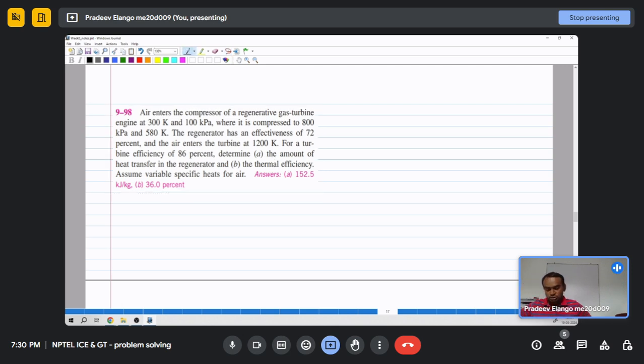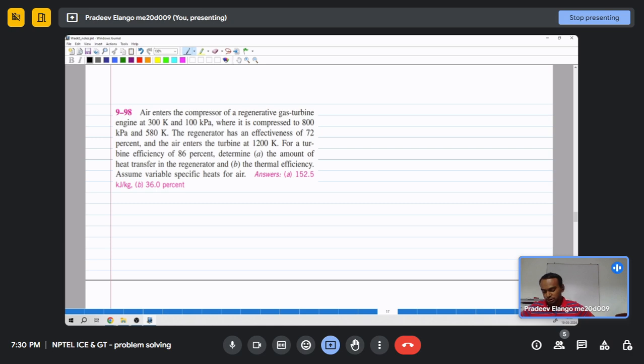Air enters the compressor of a regenerative gas turbine engine at 300 Kelvin and 100 kilopascal, where it is compressed to 800 kilopascal and 580 Kelvin. The regenerator has an effectiveness of 72%, and the air enters the turbine at 1200 Kelvin. For a turbine efficiency of 86%, determine the amount of heat transfer in the regenerator.